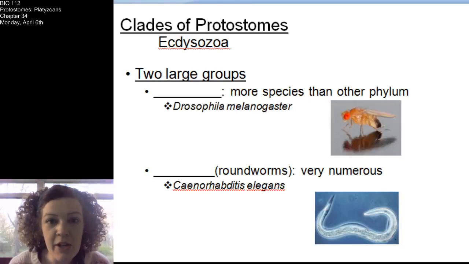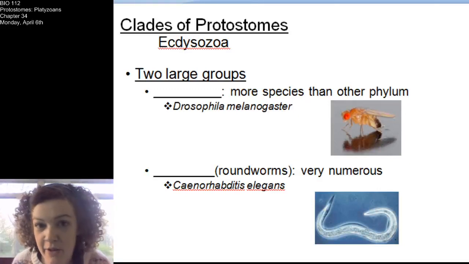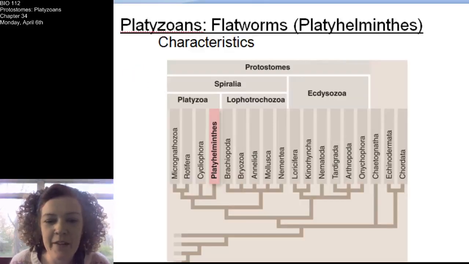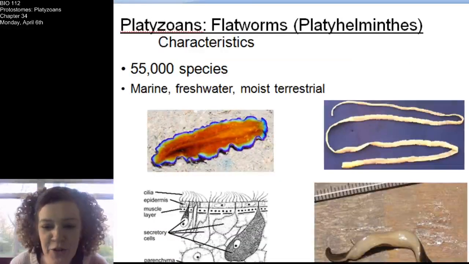If you were to take off the soil, and it disappeared, but the nematodes didn't disappear, you would still be able to see the structure of what all was in there, because nematodes are so numerous. So, pretty cool. Okay, so let's get into our flatworm friends.